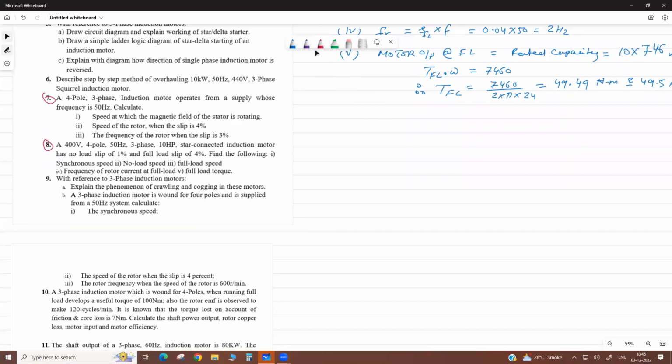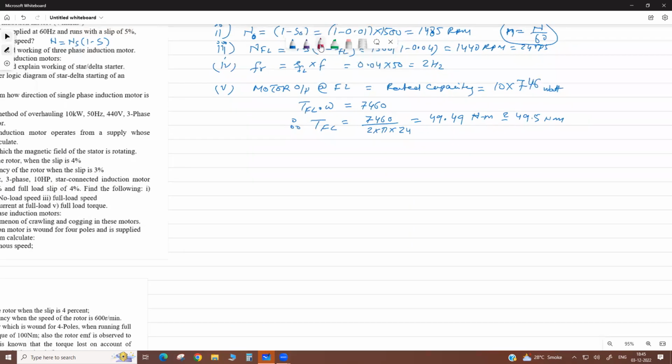Actually, I already shared the notes in the group pertaining to crawling and cogging, and I will explain. Suppose this is the stator. In the stator there is an inner part. Here there are slots, and in the inner part like this are teeth.